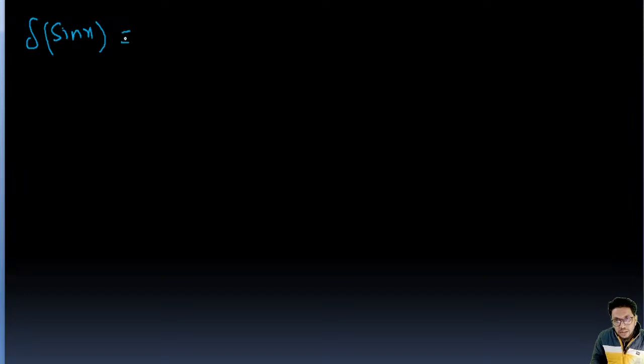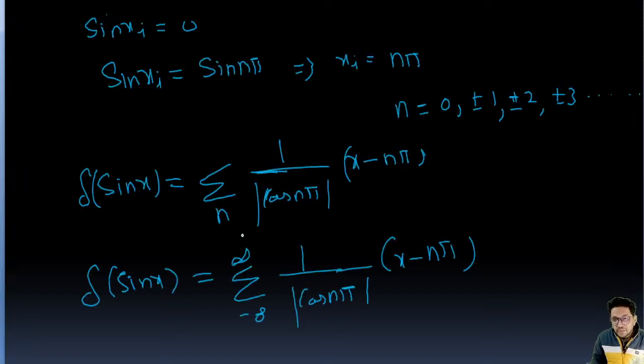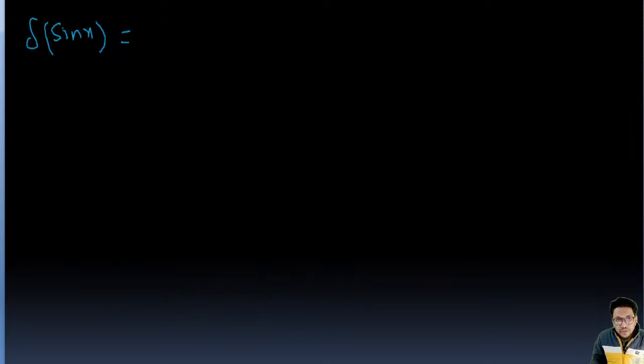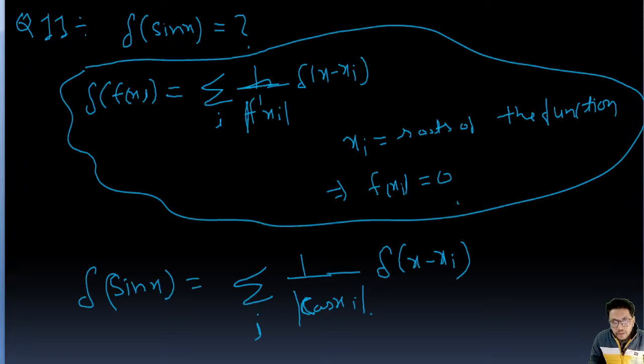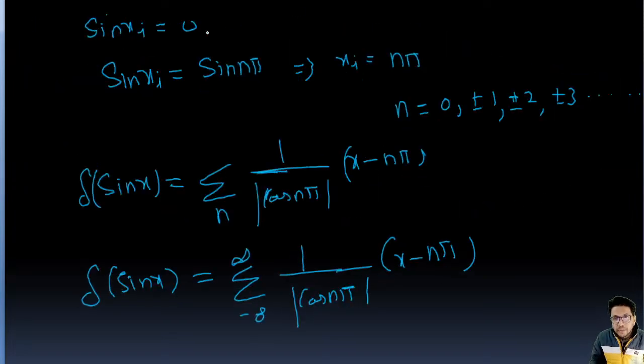This is from minus infinity to plus infinity, so we'll take n equal to minus 2 first.